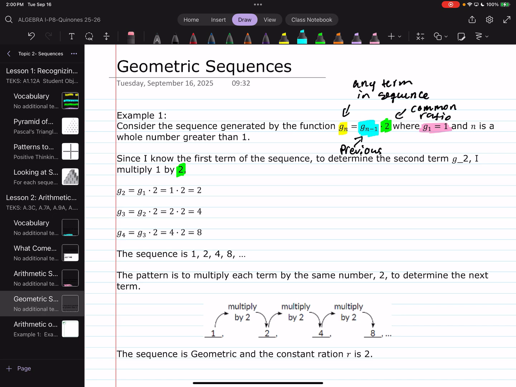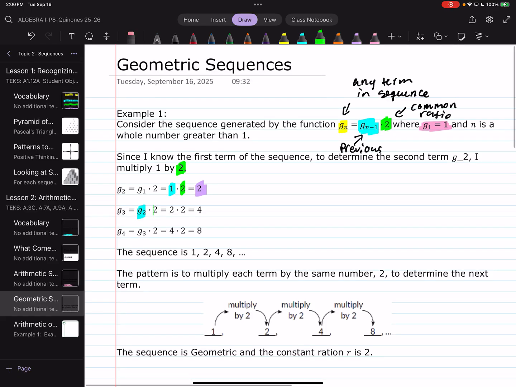The first term is 1, and we multiply it by what? 2. So what is the second term of our sequence? 2. Good. Okay. Now we're going to find the third term in the sequence. That means we need to multiply which term in the sequence? The second term by what number? 2, right? This will give us the third term.